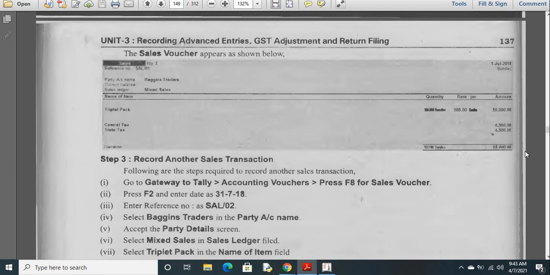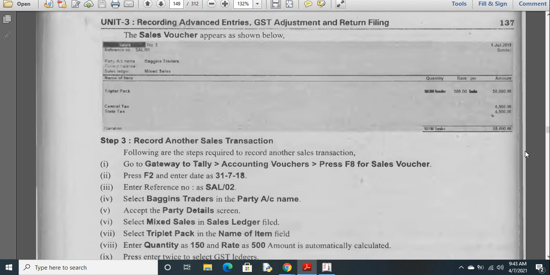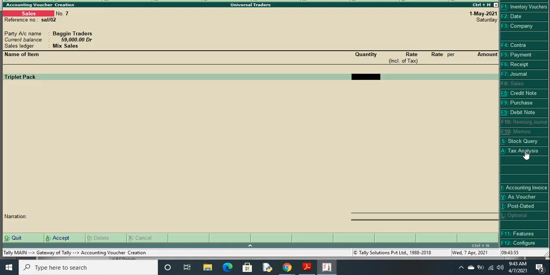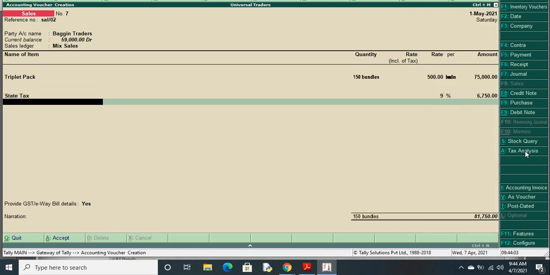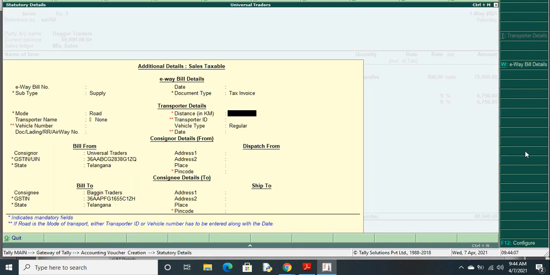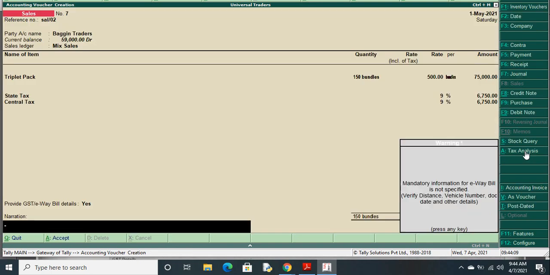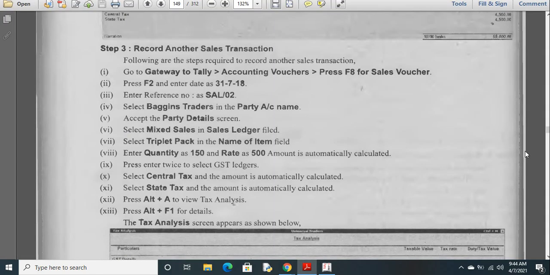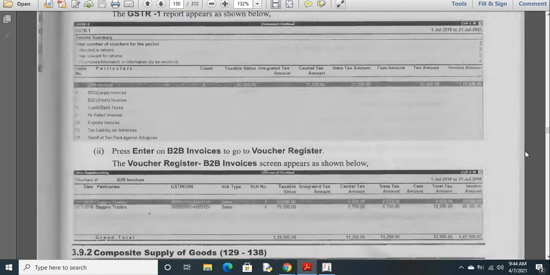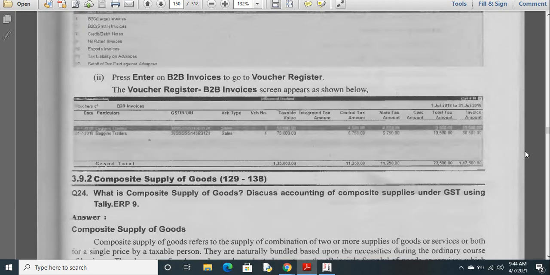Now this time 150, 500. State tax, central tax. So these are the two things for mixed supply.